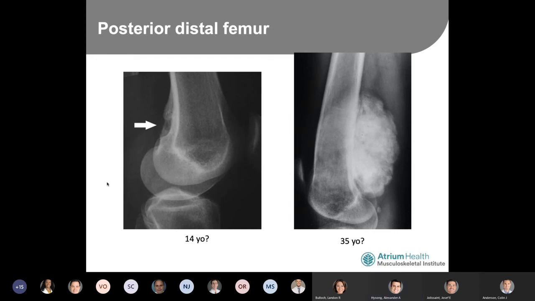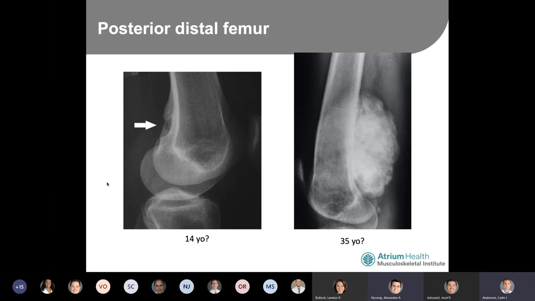Do you have a thought of whether this is benign or aggressive? It does not look very aggressive to me, but when I'm thinking about cortically based lesions like that forming a buttress, I start to think of things like osteosarcoma. It's aggressive, so I'm kind of blanking right now on a more benign lesion there.